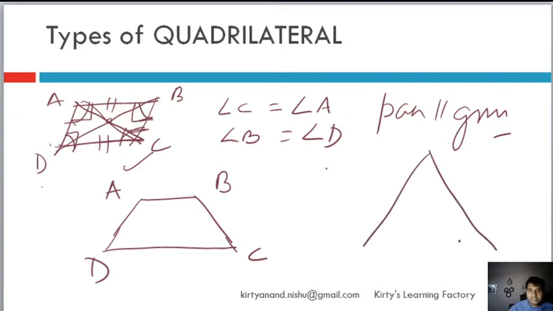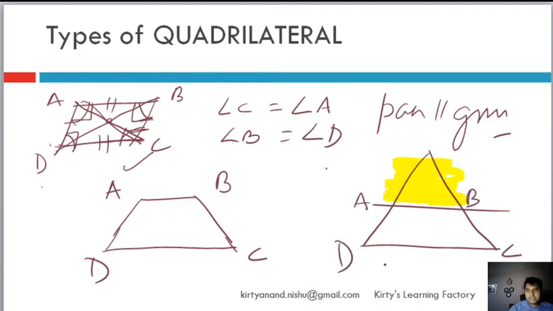Basically, understand that you draw a triangle, okay, and then cut a section. Take the top half out. If I were to remove the top half completely, whatever is left is basically a trapezium. So whatever is left here is a trapezium. So this A, B, C, D is a trapezium.